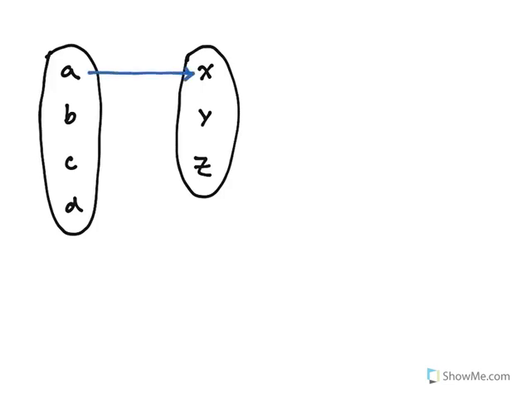Let's do another mapping. Let's say I gave you A, B, C, and D, and then we have X, Y, and Z. I'm going to give you the mapping.